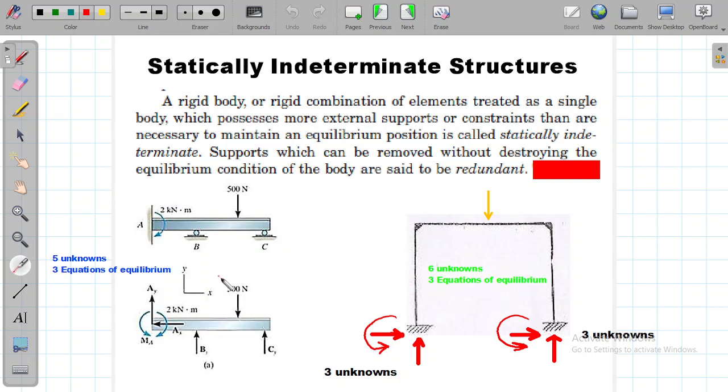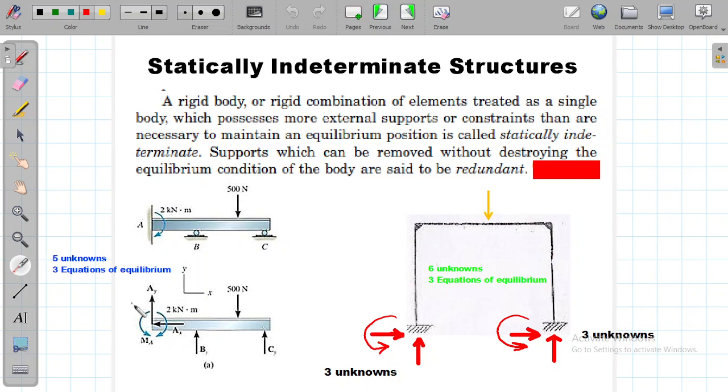If you look at this beam, there is one roller here and one roller here. Each gives one reaction, Cy and another reaction of the roller here, so two unknowns, and there is a fixed support.